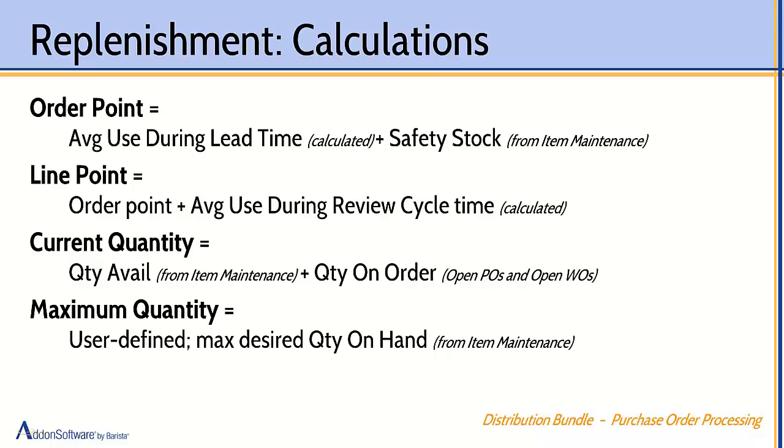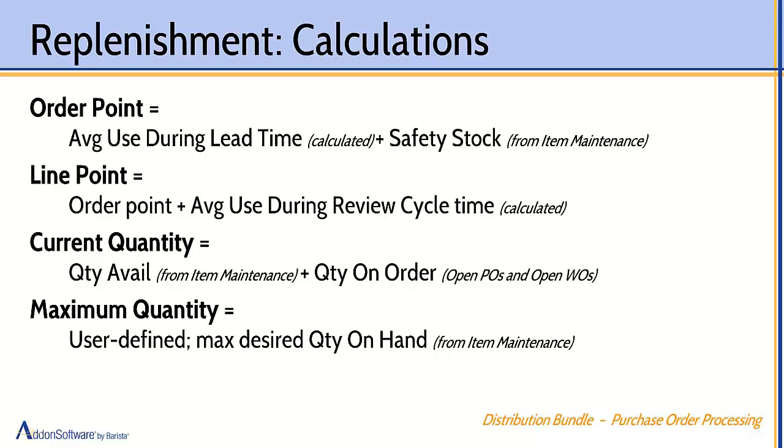And the average use during review cycle time is calculated. The current quantity is from item maintenance, so your warehouse tab, right? Quantity available plus your quantity on order. And that quantity on order will include your open purchase orders and your open work orders.